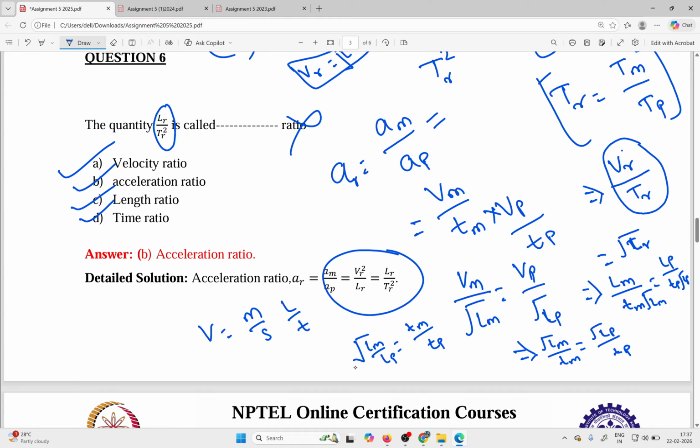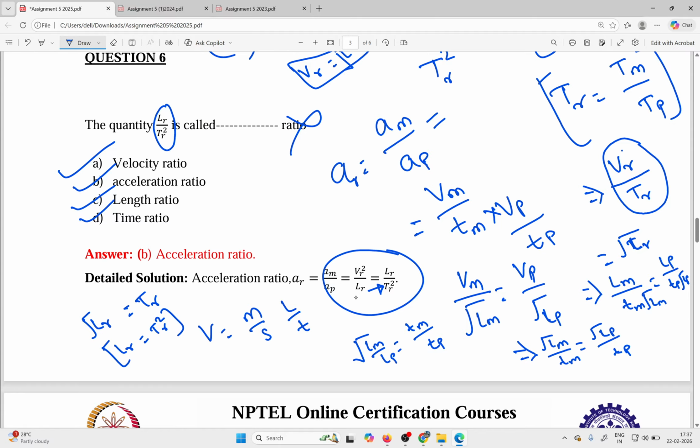So from here we can write root Lr is equal to Tr, or one thing we can write Lr is equal to Tr square. So this we can write very clearly, and this is linked with here. So you can see very clearly Lr is nothing but Tr square.